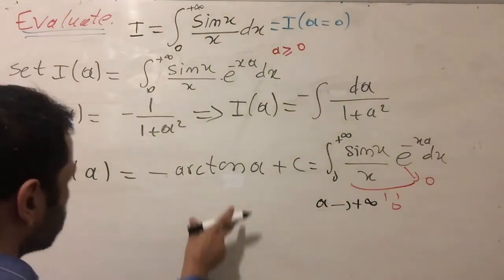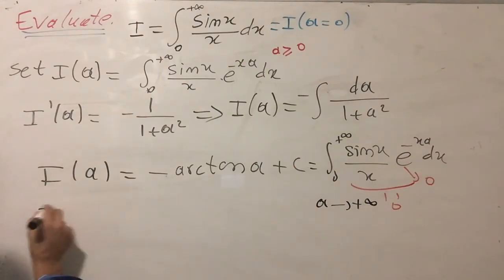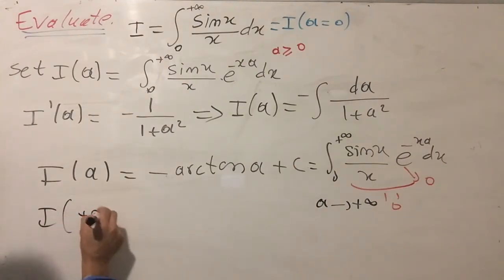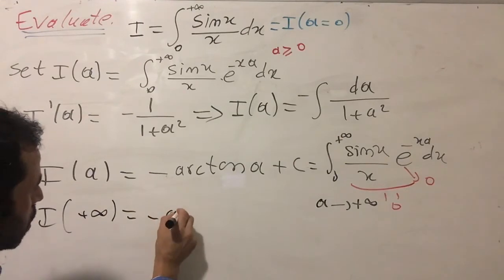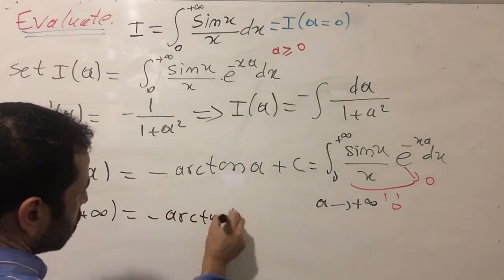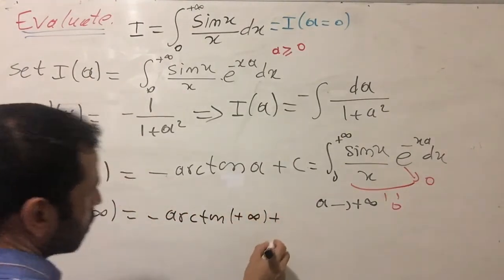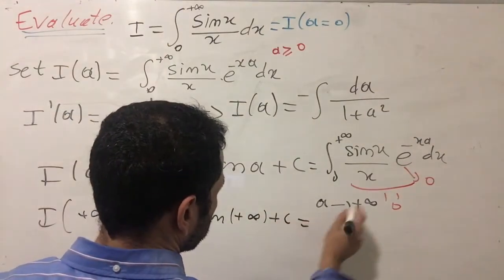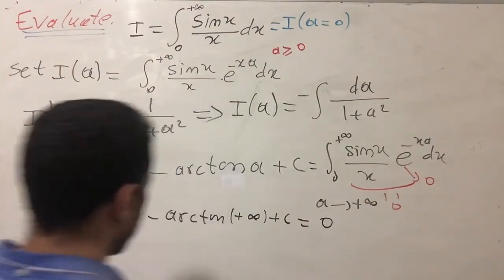In other words, if you plug plus infinity into this one here, it gives minus arctangent of plus infinity plus c equal to 0, because this one equals 0, right?